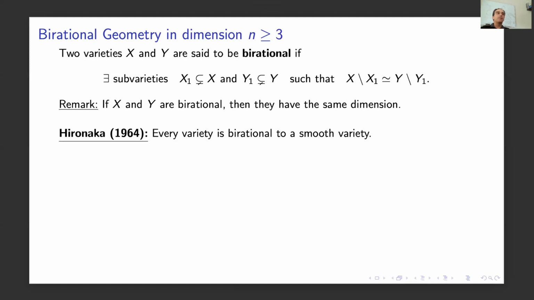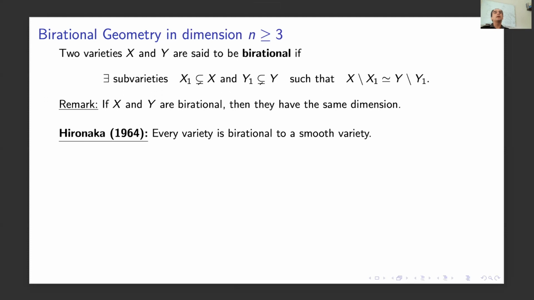Although this is the case, the most important property from this point of view is a very important theorem due to Hironaka, which says that every variety is always birational to a smooth variety.